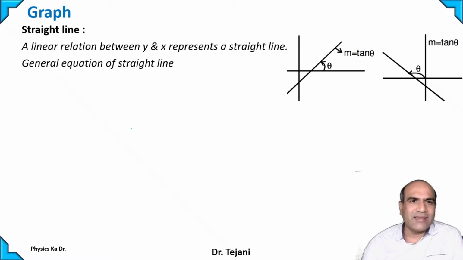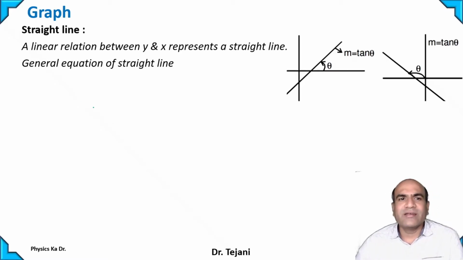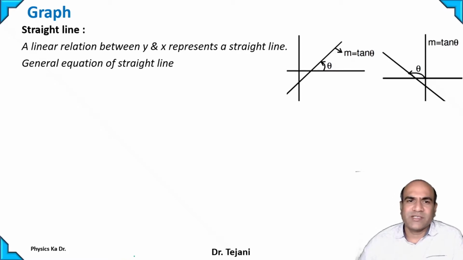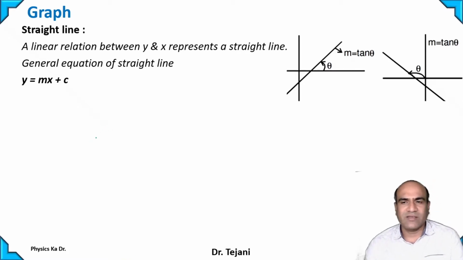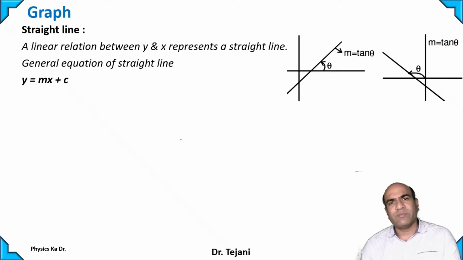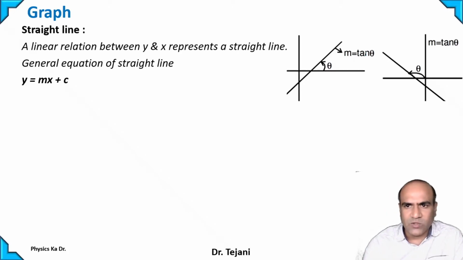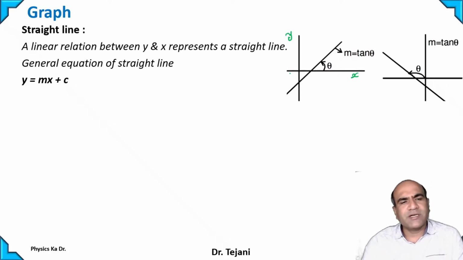A straight line. So we know that a linear relation between x and y represents a straight line: y is equal to mx plus c. Any line, if you want to represent it, the equation is y is equal to mx plus c. Here y means the vertical coordinate, and x means the horizontal coordinate. And this line is represented by y is equal to mx plus c, where m is tan theta.